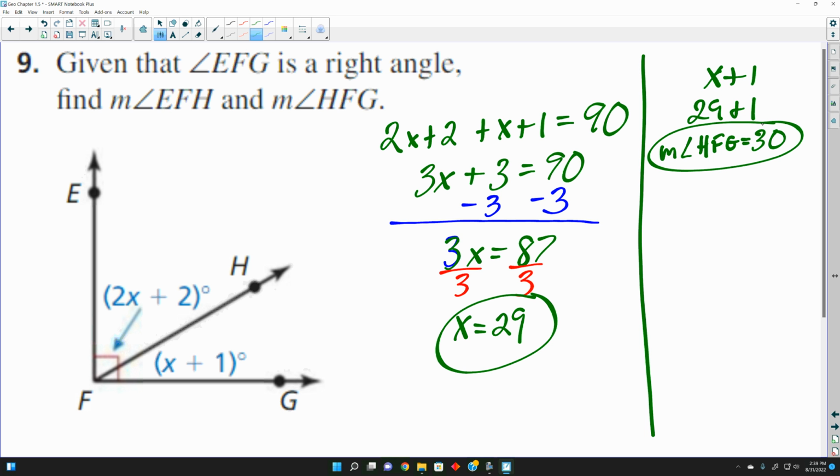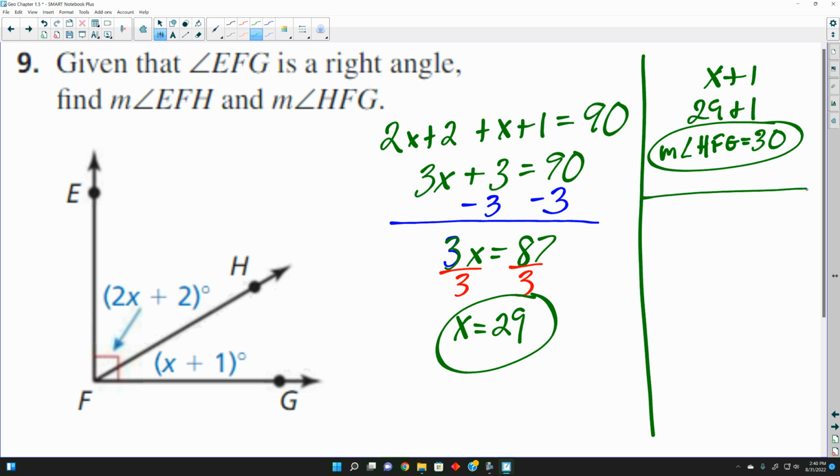So what's the other angle going to be? Yeah, the other angle is 60. What are the two angles supposed to equal? 90. One of them is 30, yes? They both have 0, so 9 minus 3 is 6, yes? Put the 0, you get the same thing.